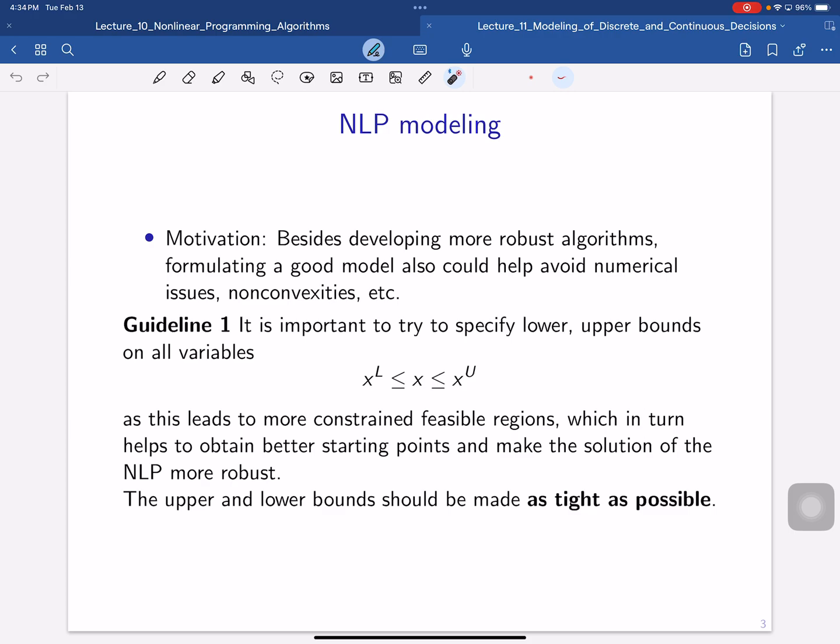In non-convex problems, specifying variable bounds will actually play a significant role in solving those problems. The reason is that this leads to more constrained feasible regions and provides you with a good starting point for the problems. And if possible, you would like to provide upper and lower bounds that are as tight as possible because that will shrink the feasible region of the problem and help you get a good solution.